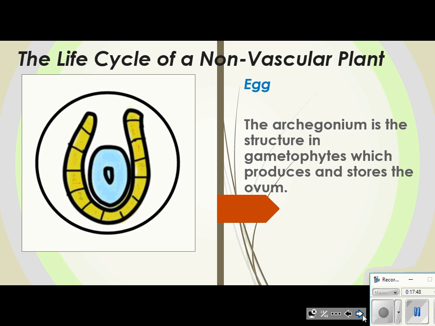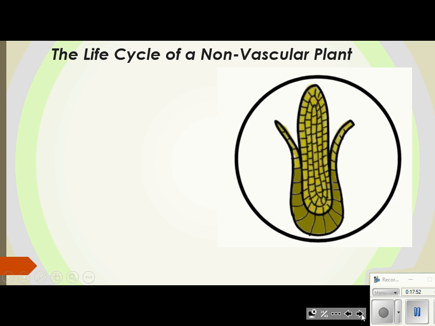Now this should leave us with our final part of the life cycle of a non-vascular plant. That is the zygote.